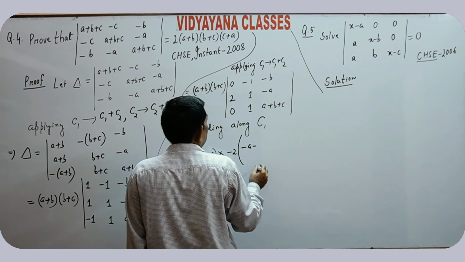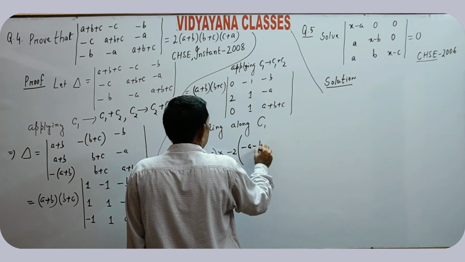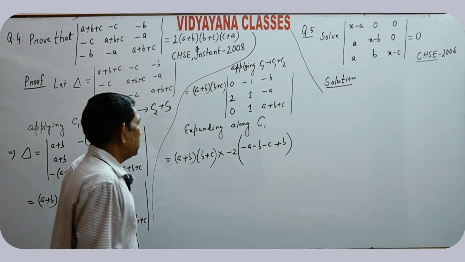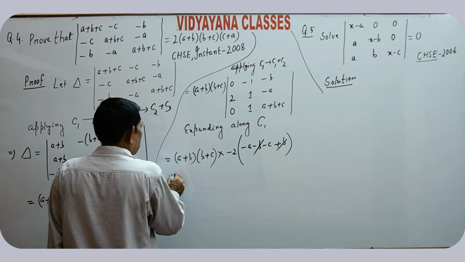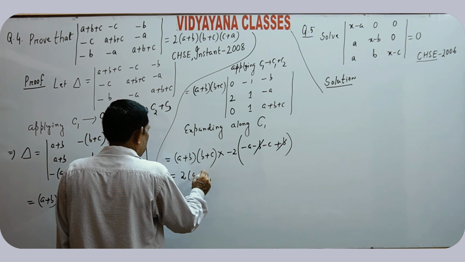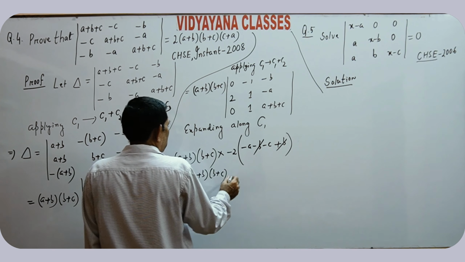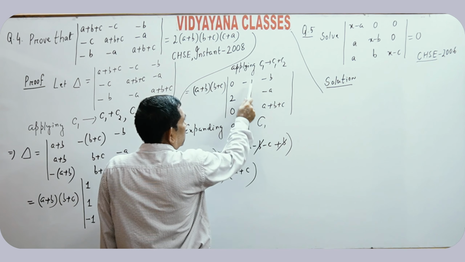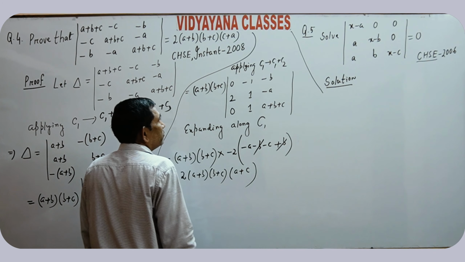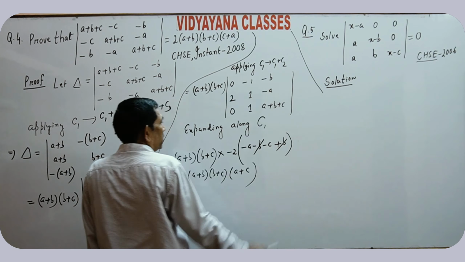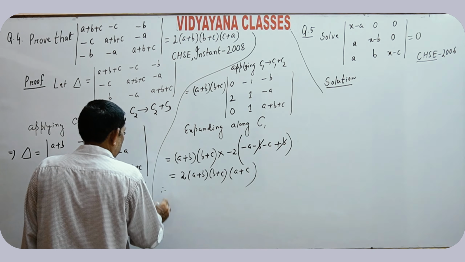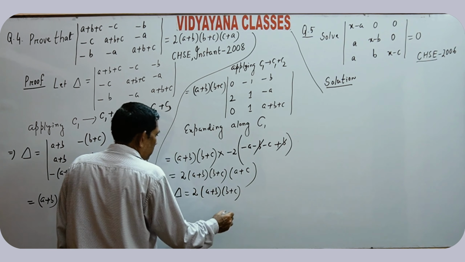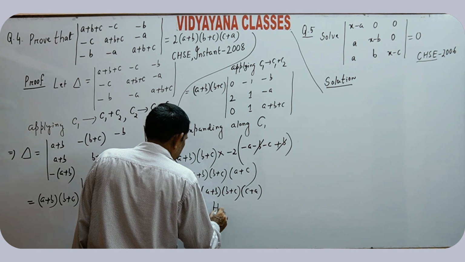Minus of A, minus of B, minus of C, plus B. B cancel, which is equal to 2 times of A plus B, B plus C into A plus C. This into this, minus A minus B minus C. This into this, minus B. Therefore, del is equal to 2 times of A plus B, B plus C, C plus A. Hence proved.